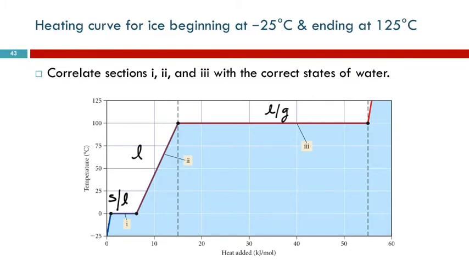Yes? Just to recap, at the flat points, does the temperature not change because it's not fully vaporized or melted yet? Yes, because it's in the process of changing state. So the temperature doesn't change, because we're continually adding heat here. Where's the heat going if the temperature isn't going up? Well, what's happening is all the higher energy particles are leaving.